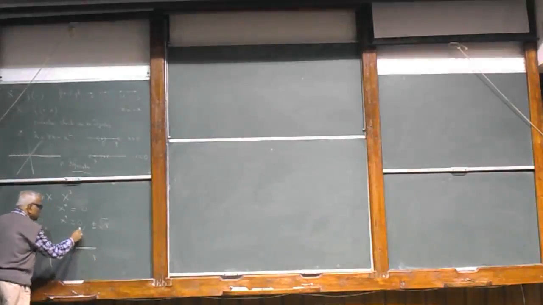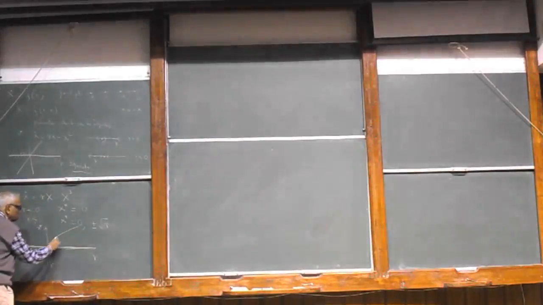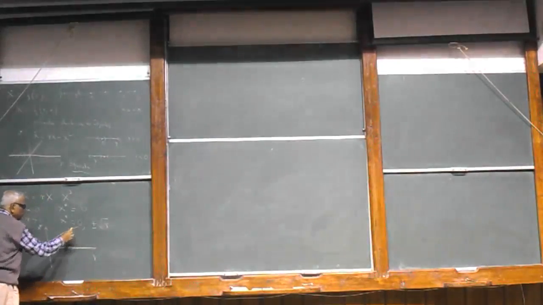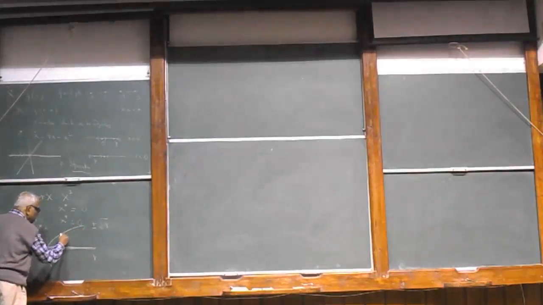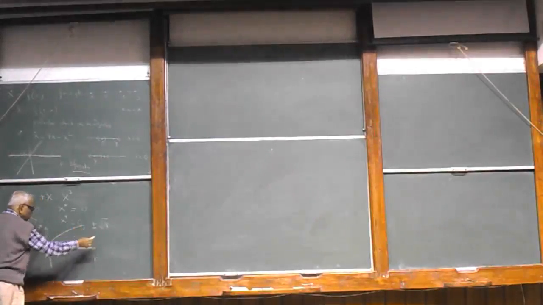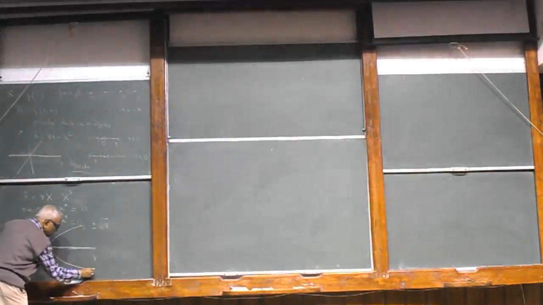So plus minus square root of r is an increasing function of r, but not very fast. It bends over, below the straight line, turns round, has this feature.